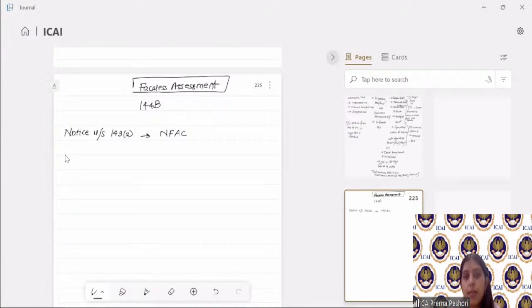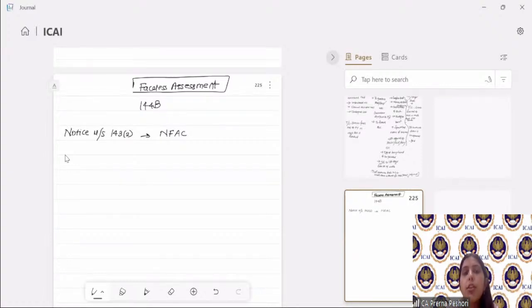Let's try and understand. National Faceless Assessment Center is the unit which is set up in a centralized manner, which will make the assessment. Below this National Faceless Assessment Center, there will be regional centers. There will be regional faceless assessment centers. And below that, there will be the assessment units, which will be actually making the assessment.